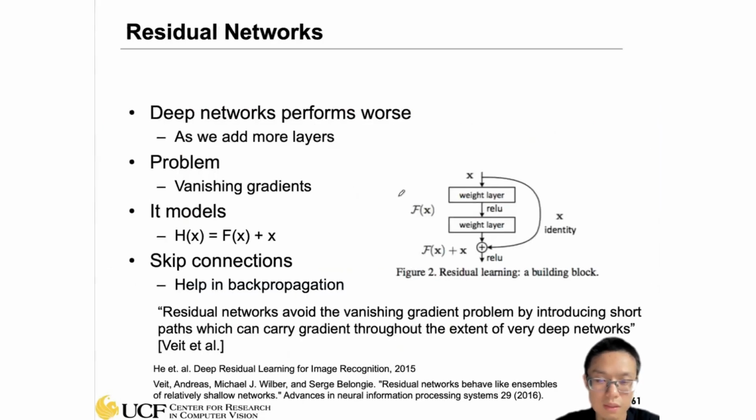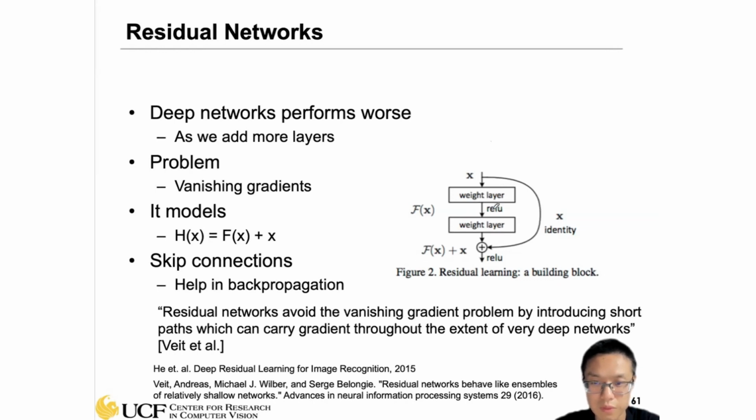The one significant contribution of the ResNet is that it introduces skip connections. So you can directly pass the input X to the next layer, so effectively these layers just learn the residual. Some studies mention that if we want to build a deeper network, vanishing gradient is always an issue.